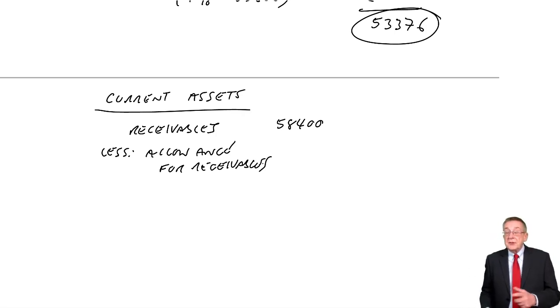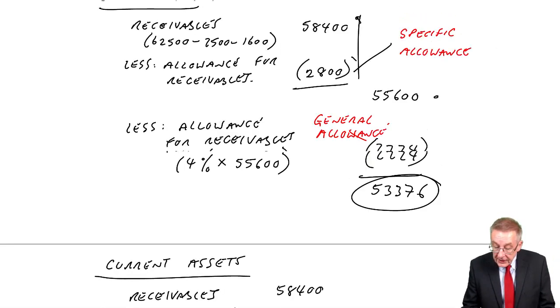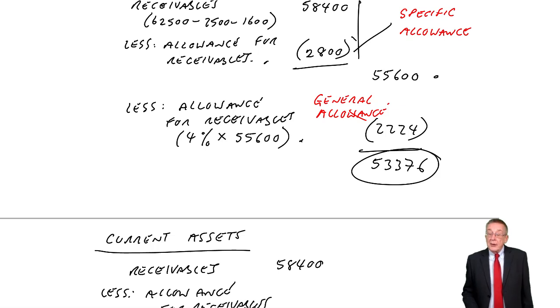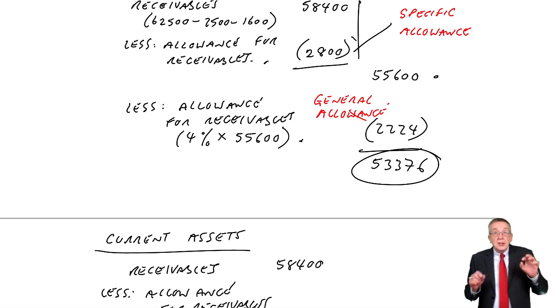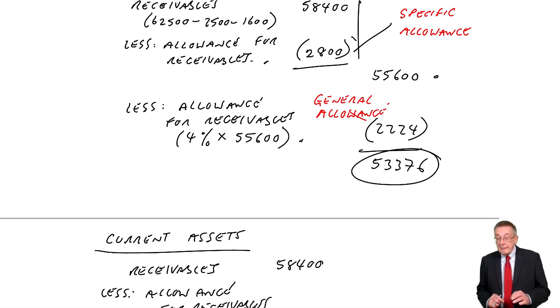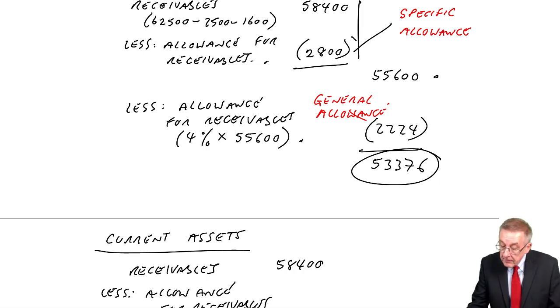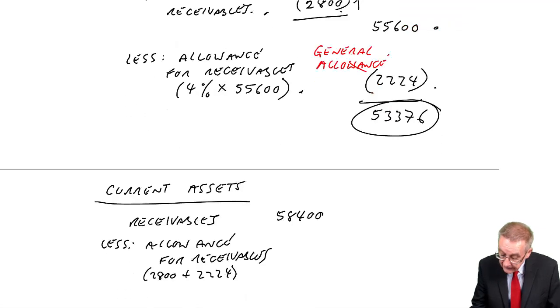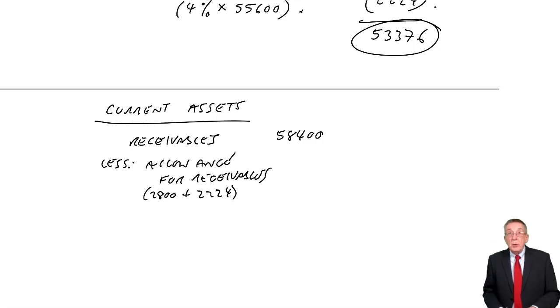However, although there are two separate allowances here, specific and general, on the actual statement we don't show the two separately. We'll have had to do workings, but we just show the two together as one total. So 2,800 plus 22224, that's just my workings.